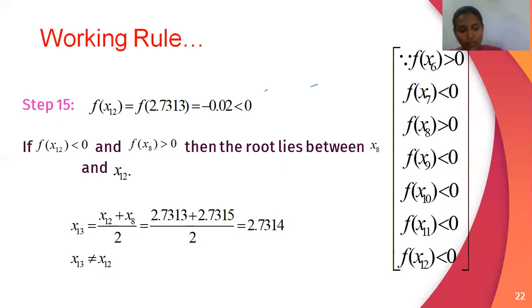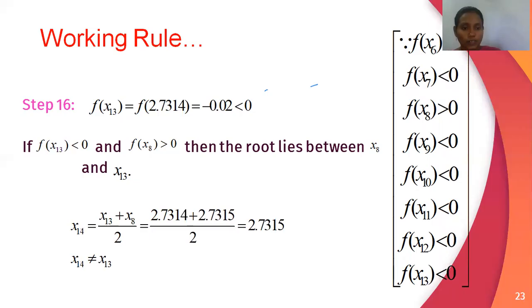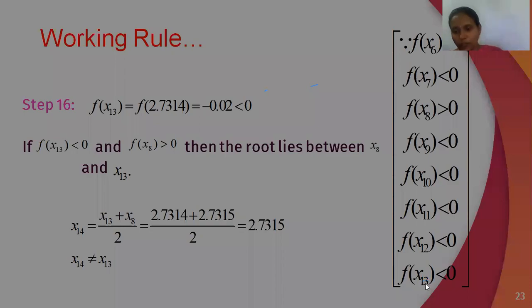For that, find the functional value of x13. The functional value of the 13th approximation is negative. The functional value of x12 is also negative, so the root does not lie between x13 and x12. The 11th approximation functional value is also less than 0, so the root does not lie between x13 and x11.